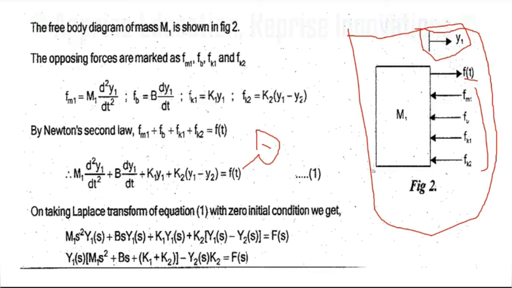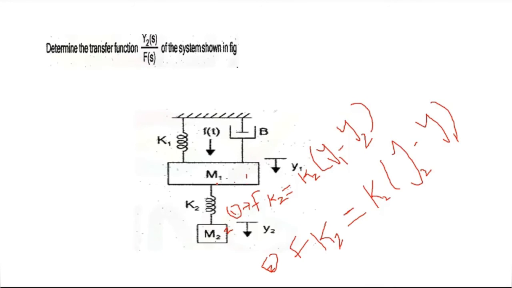Now take the Laplace transform of this equation. By taking the Laplace transform, you will get a relation between y1 and y2. First you must have an idea of what you are going to derive. You need the final output as y2 of s by f of s.